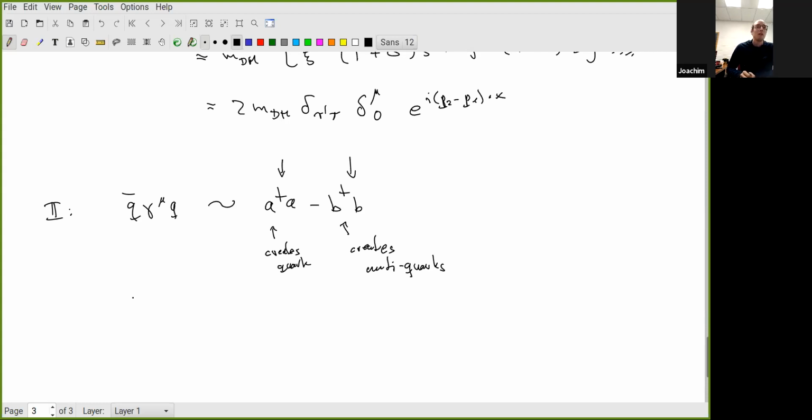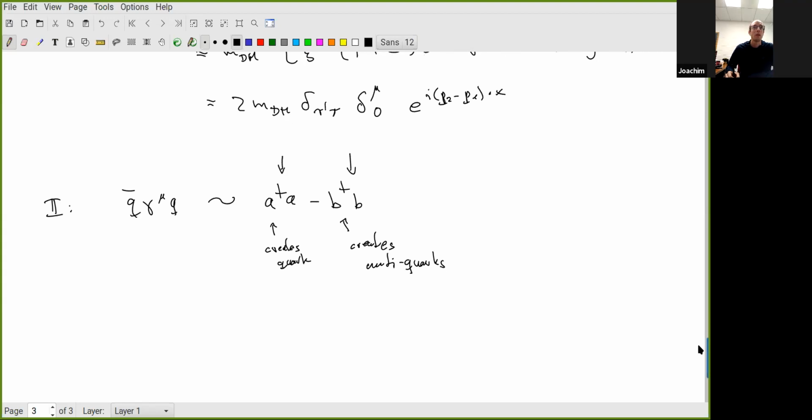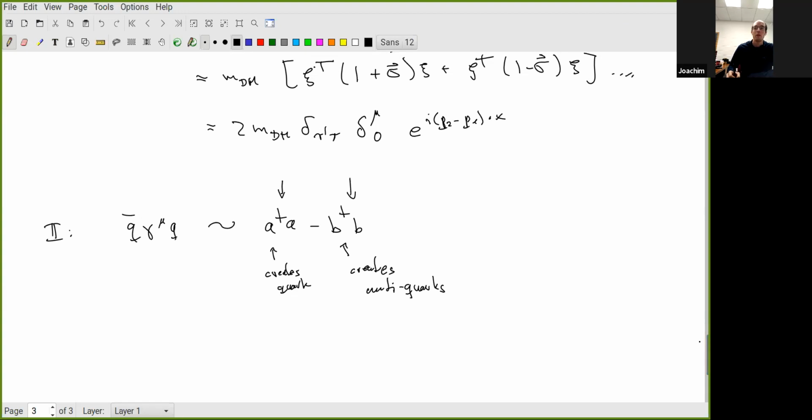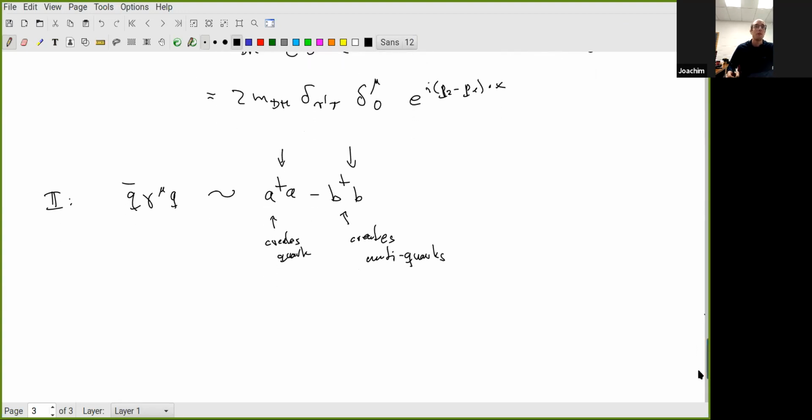And what we want to do instead is we want to use a trick of a type that we want to also use later. And the trick is to use a symmetry. Okay, that gives us this result much quicker. And the symmetry in this case is just the baryon number conservation. And what we will see is that this current is just the baryon number current.